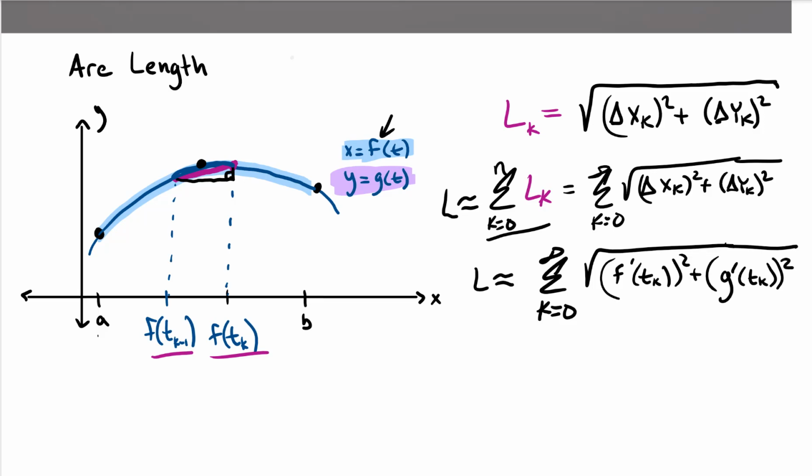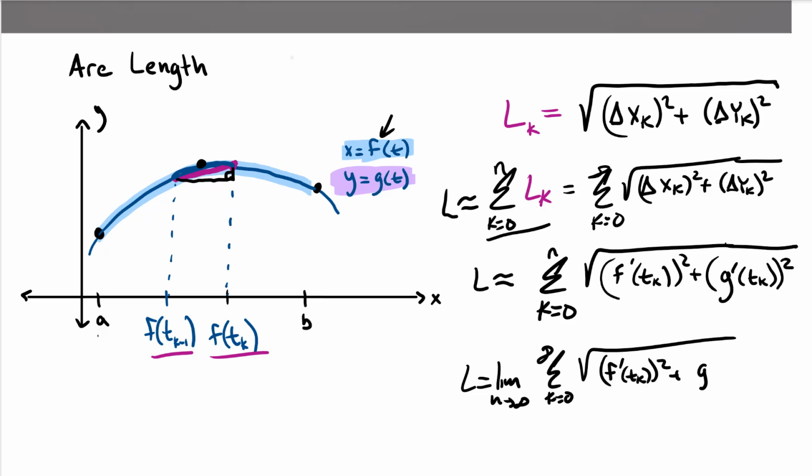Now if we let the limit as, oops, I wrote an infinity up there. Oops, that would have actually been n. I'm so sorry. But now if we were to say, let's do the limit as n tends towards infinity of this sum, f prime of t sub k squared plus g prime of t sub k squared, we're going to find that the length, from a to b, is the integral of the square root of f prime of t squared plus g prime of t squared.